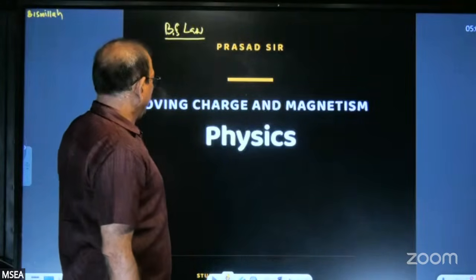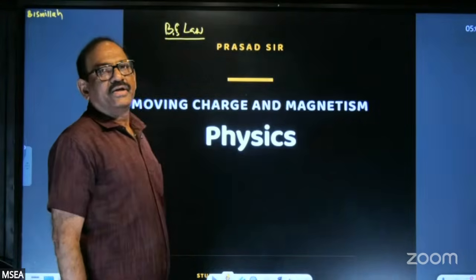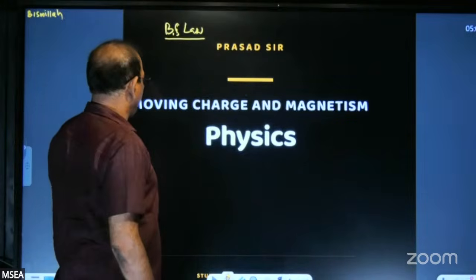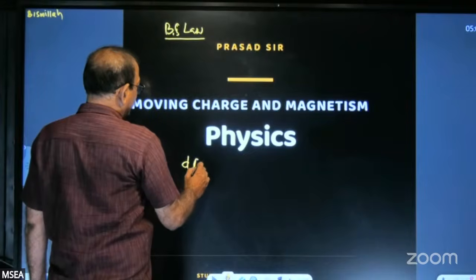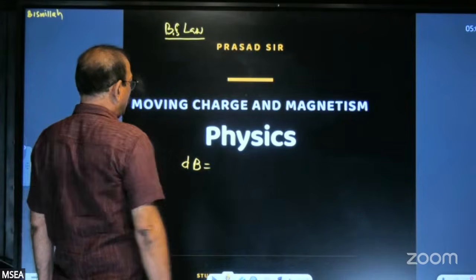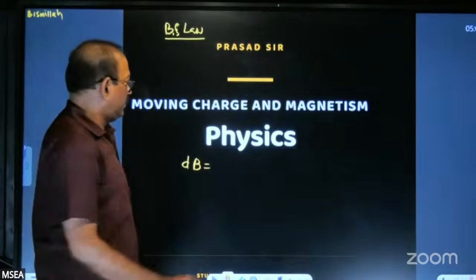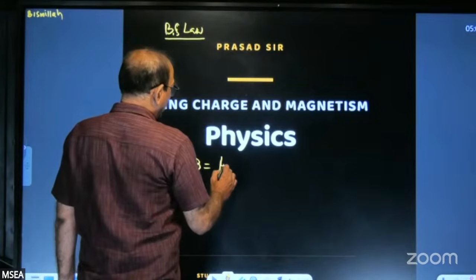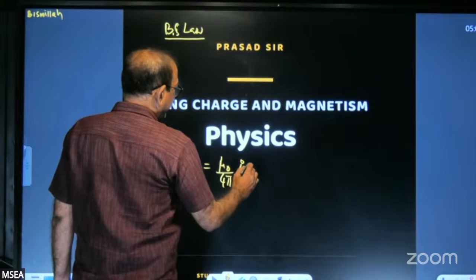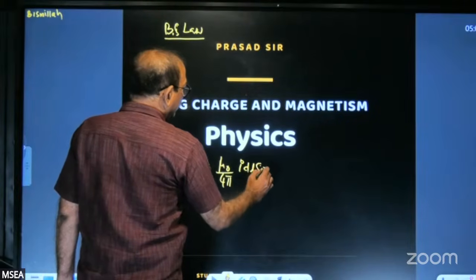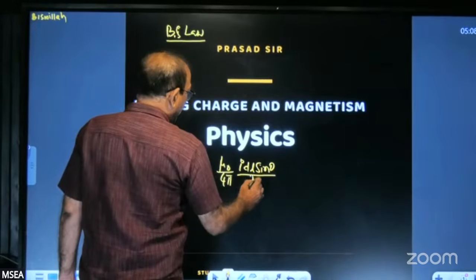Magnetic induction due to a short current carrying element is given by Biot-Savart law. What is the magnetic induction because of a short current carrying element? dB equal to mu naught by 4 pi I dl sin theta by r square.